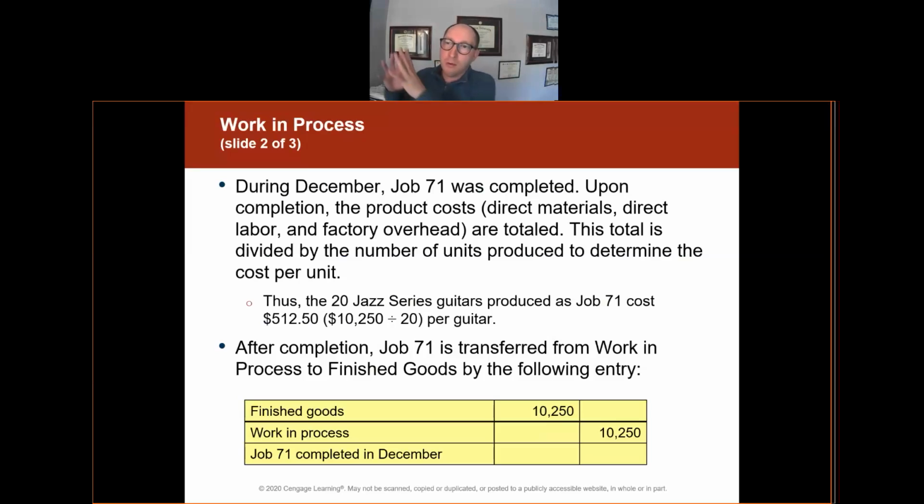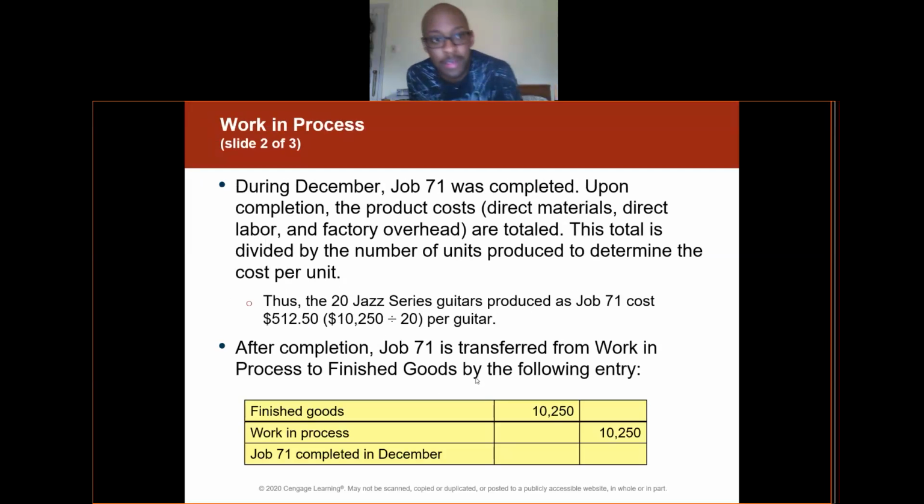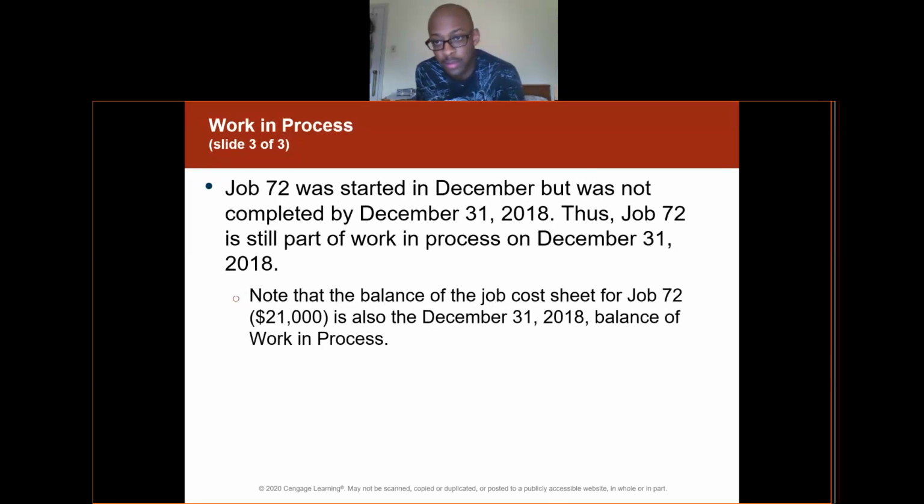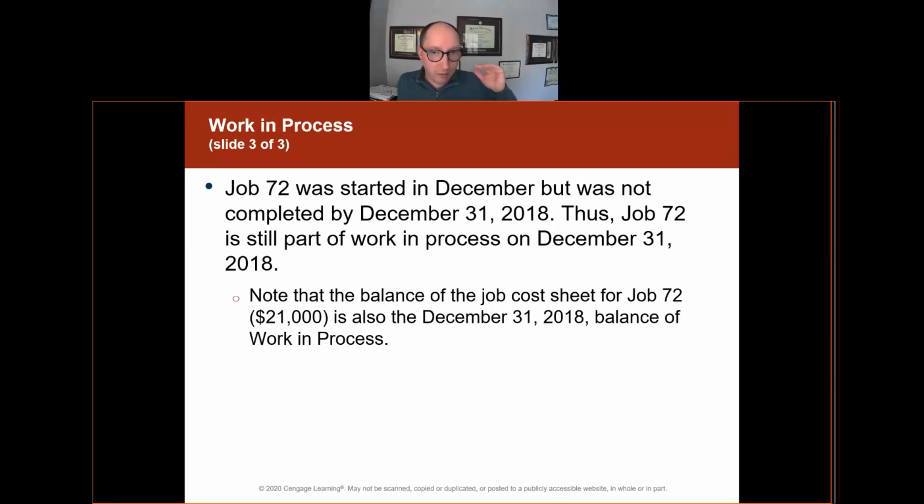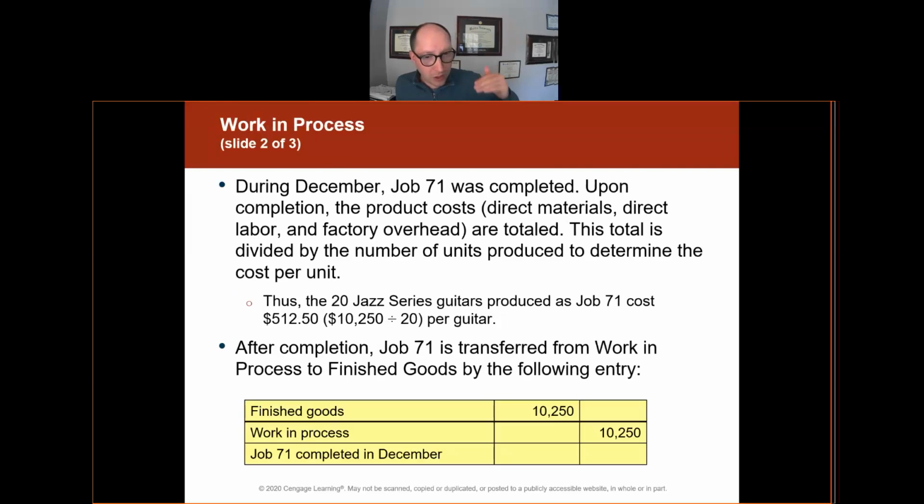Finished goods is when we're done working on creating the inventory, right? At this stage we're finishing work in process. So when we do that, we debit finished goods and we credit work in process for that job. Yes, I'm listening. Awesome, thank you. So again, when we finish a job, we debit finished goods, credit work in process.